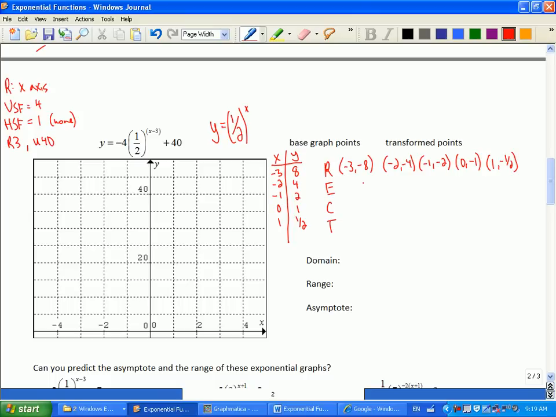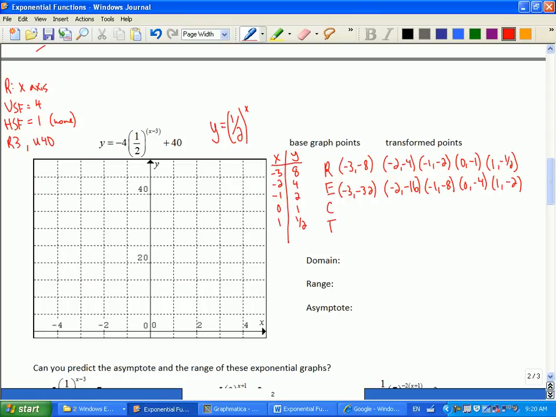Okay, so you have an x-axis reflection, so your y-coordinates are going to become negative. Then you have a vertical stretch of 4, and nothing happens horizontally. And then I have -16 here, -8, that'll become a -2.